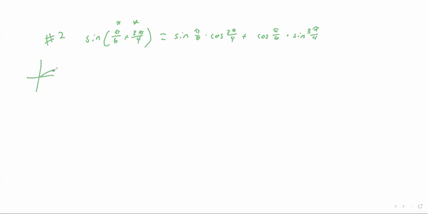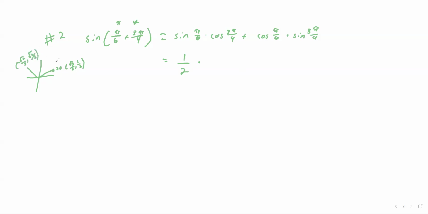Remember, pi sixth is the same thing as 30 degrees, which is square root of 3 over 2 and 1/2. So sine of pi sixth is a 1/2. Then 3 pi fourths, 1, 2, 3 pi fourths, would be negative square root of 2 over 2, comma, square root of 2 over 2.